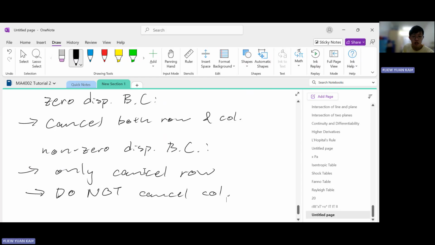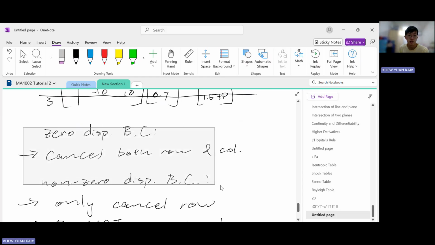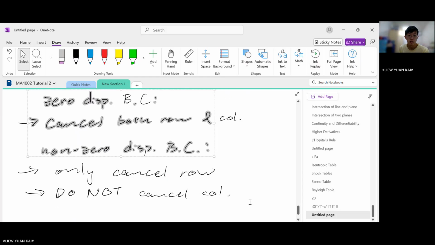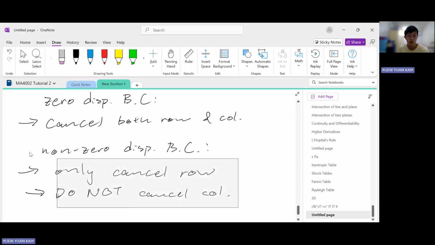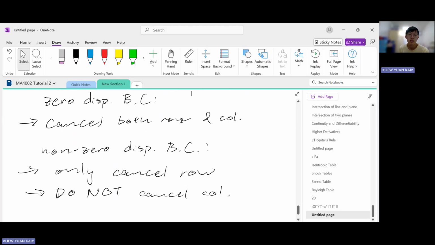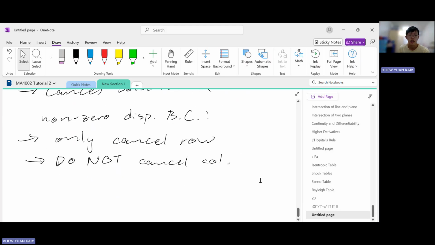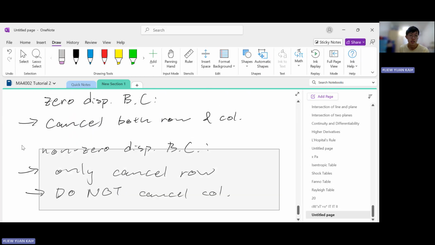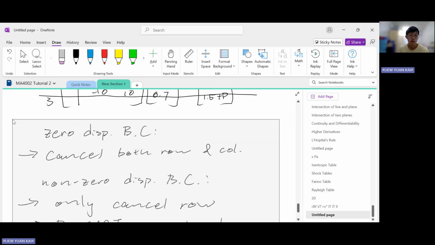So that's the difference between a zero and a non-zero displacement boundary condition. For zero displacement, you cancel both row and column. For non-zero, you only cancel the row, not the column. Okay? Yeah, so that's the trick behind all of this.